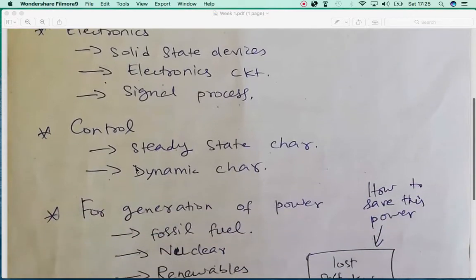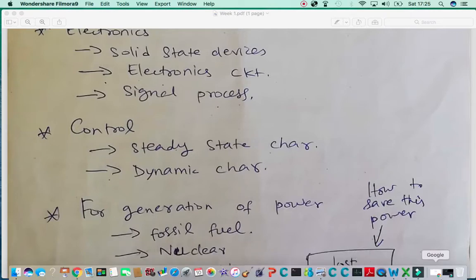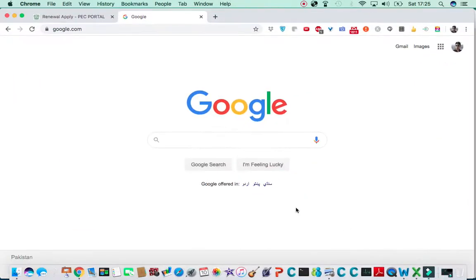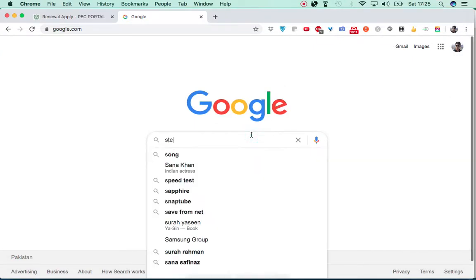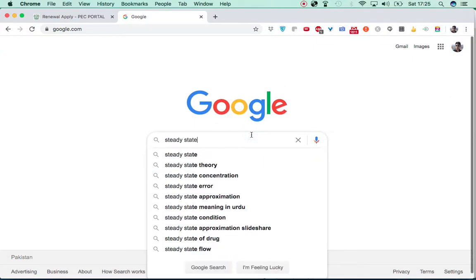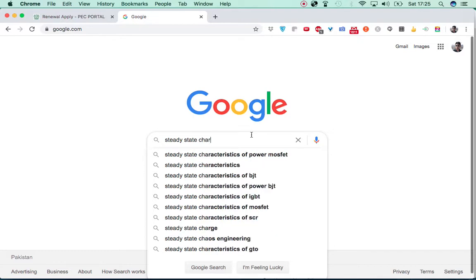Then we have the selective topics of control systems, and we have two kinds of characteristics. One is the steady state characteristic and the other is the dynamic characteristic. So let's see the steady state characteristic versus the dynamic characteristic.